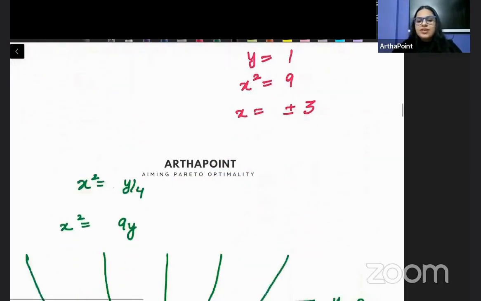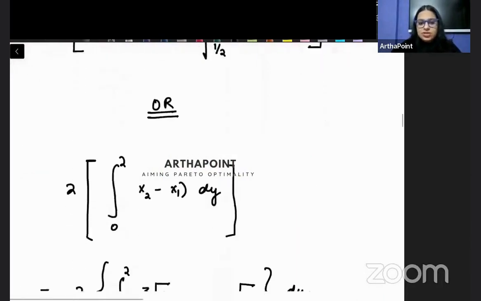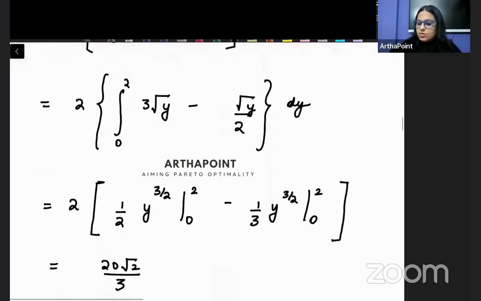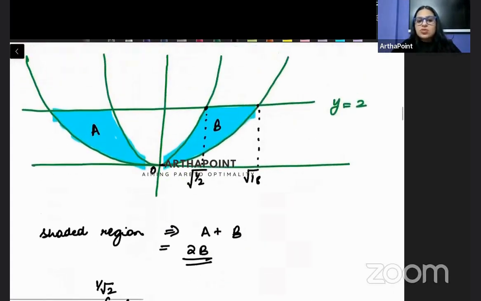Now you will find the area under the curve. This is what I have done. Am I clear on this here? So root 9y, that means 3 root y minus root y by 2, and you will integrate it between 0 to 2. You will integrate this area between 0 to 2.